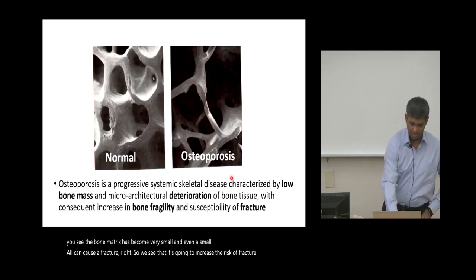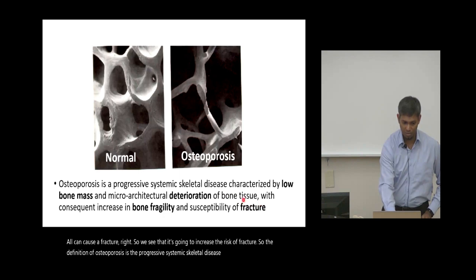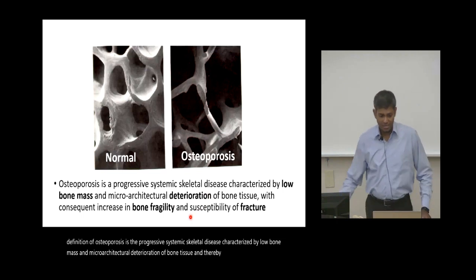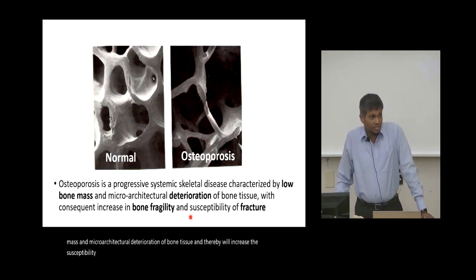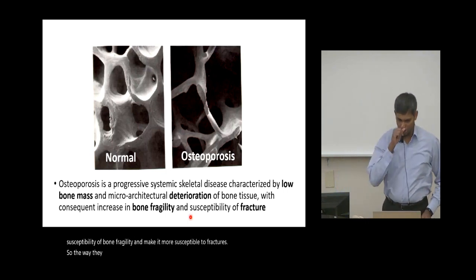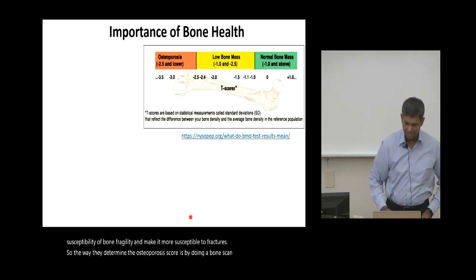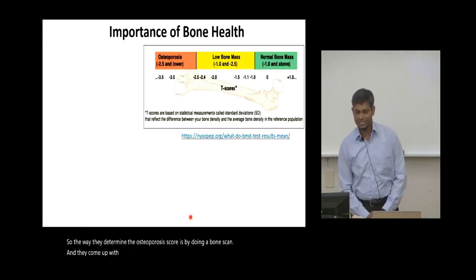The definition of osteoporosis is a progressive systemic skeletal disease characterized by low bone mass and microarchitectural deterioration of bone tissue, and thereby it will increase bone fragility and make it more susceptible to fractures. The way they determine the osteoporosis score is by doing a bone scan, and they come up with a value known as the T-score.